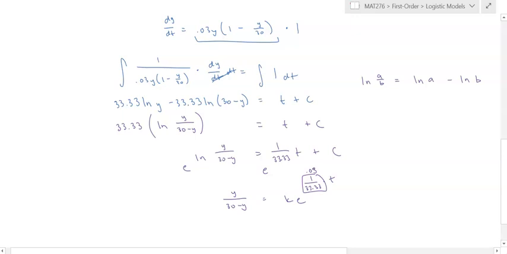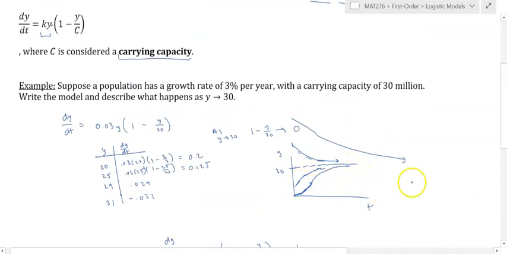And that is still coming from our exponential piece. But now when we distribute this all out and isolate y, we're actually going to get a ratio of exponential functions, which is what's going to cause this leveling out to occur.